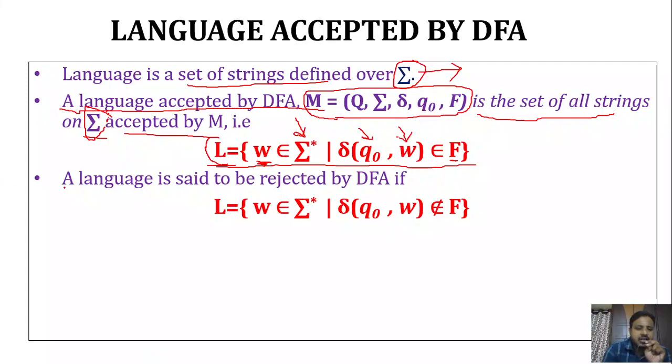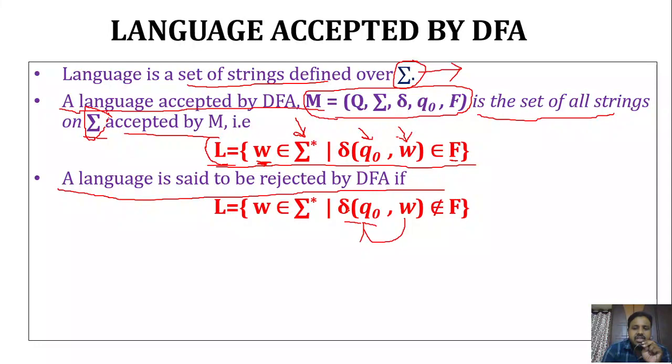Okay, so here you could see a language is said to be rejected by a DFA if the set of all words w, where w belongs to sigma star, is such that when you process w from q naught, you cannot get to the final state.